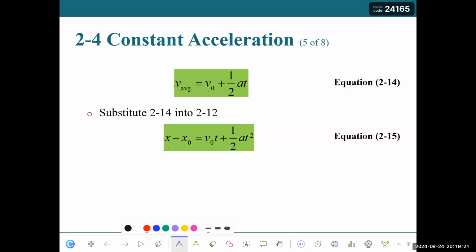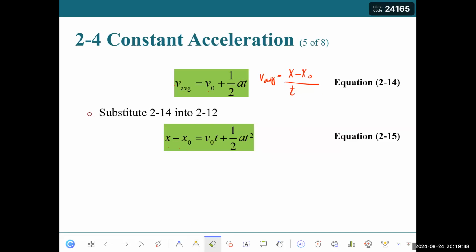So v average is x2 minus x1, or we don't use x2 or x1, we just use x minus x naught divided by t minus 0. So you really are left with t.